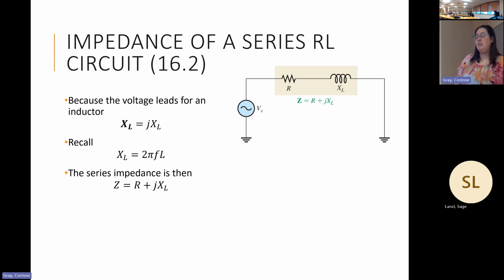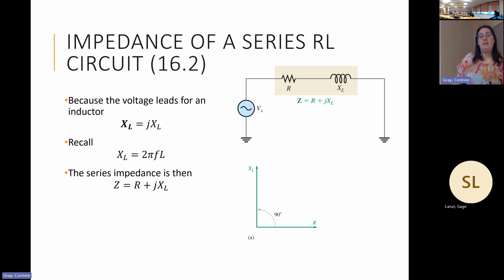That is the inductance value or total inductance, depending on the circuit.